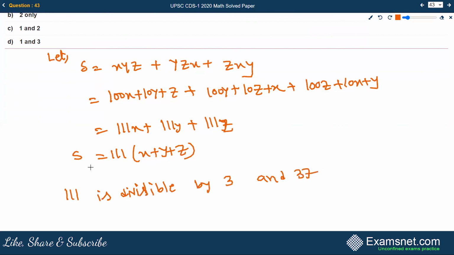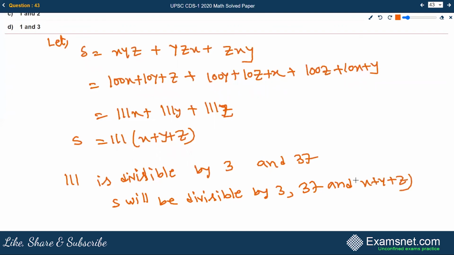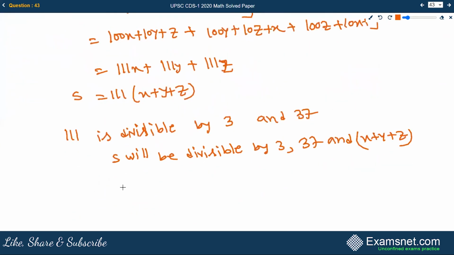Hence, S is definitely divisible by 3, 37 and x plus y plus z. So we can see 1 and 3 both are correct statements, right? Therefore 1 and 3 are correct.